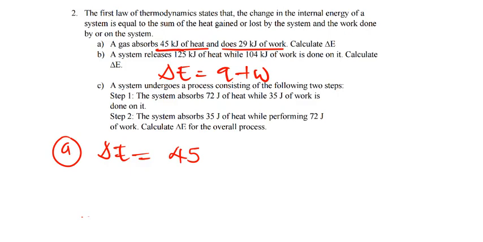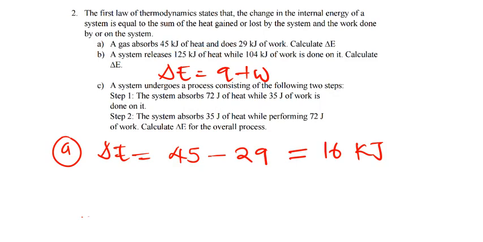So the gas is doing work. So it's work done by what? By the system. So it's a minus. Calculate the change in internal energy. So you just subtract the two. You get 16 kilojoules. I didn't include the units because they are both in kilojoules. Pay attention to that.